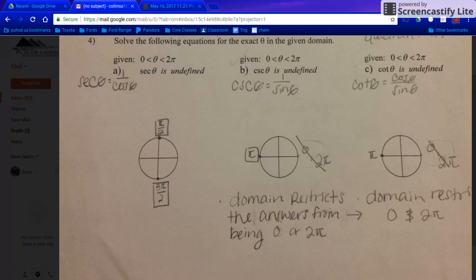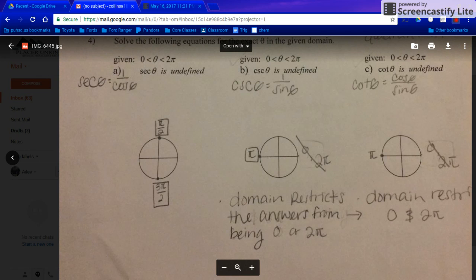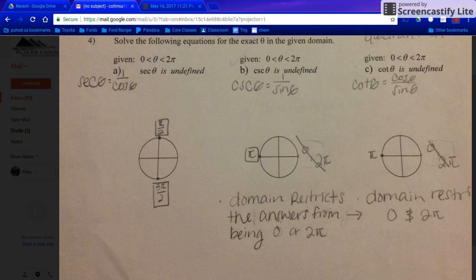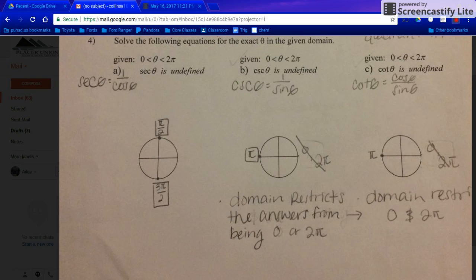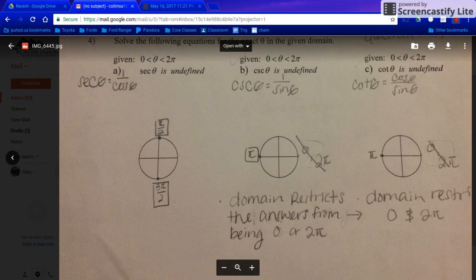So that goes for secant, cosecant, and cotangent. 0 has to be the denominator if it is undefined. Therefore, we go down to the unit circle and we find where cosine is equal to 0, and that happens to be at pi over 2 and 3 pi over 2. And now do B and C by yourself.